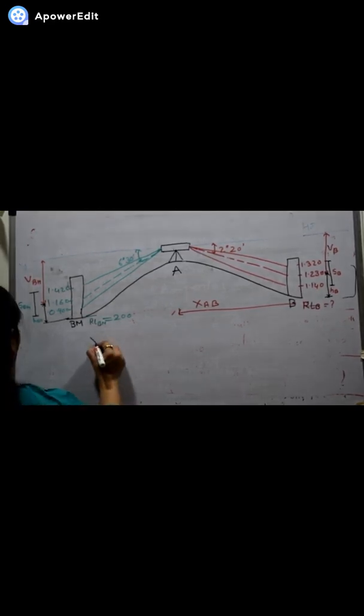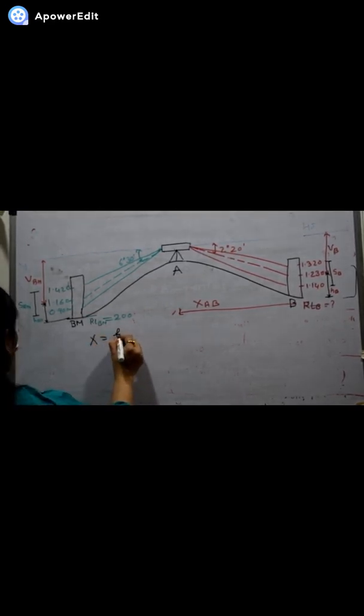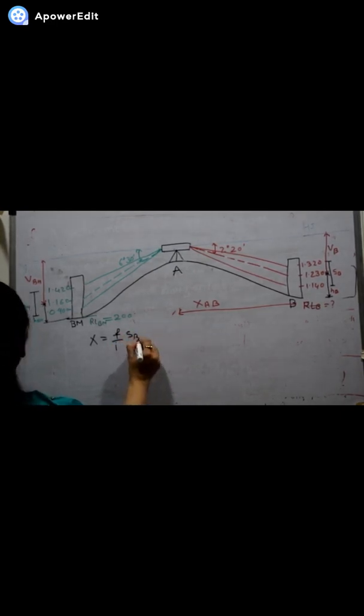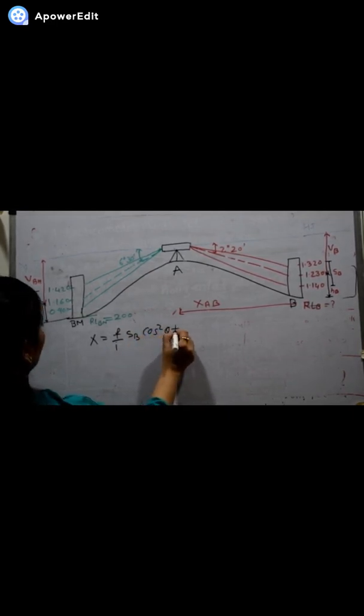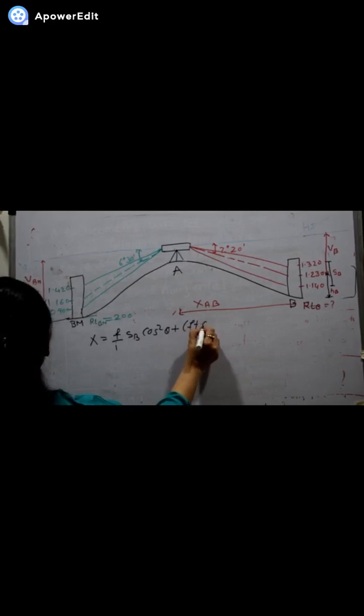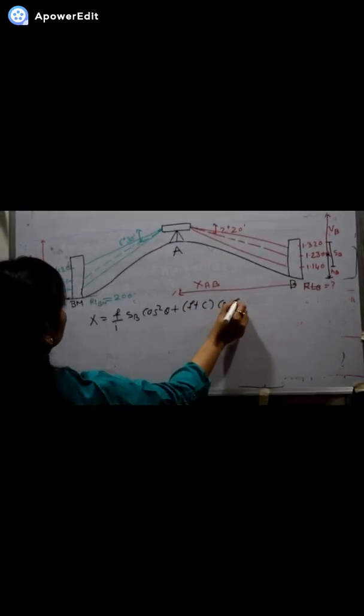The horizontal distance between the point A and B is given by the formula x is equal to F by I S of B cos square theta plus F plus C cos theta.